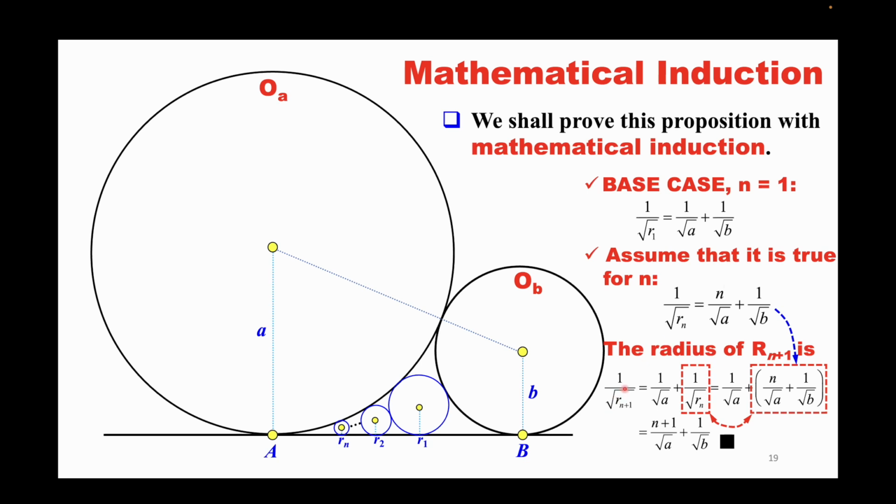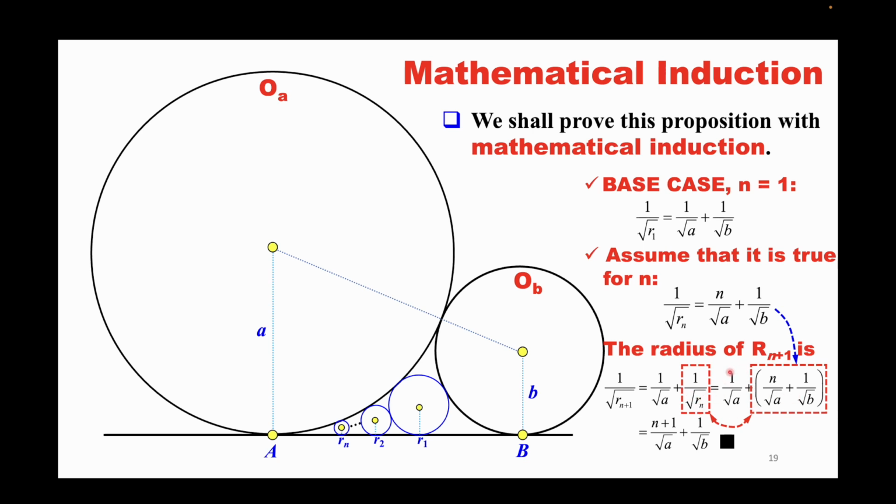So let's say for circle Rn plus 1, its radius is 1 over square root of A plus 1 over the square root of the circle Rn. But because of this, 1 over square root of Rn is this.